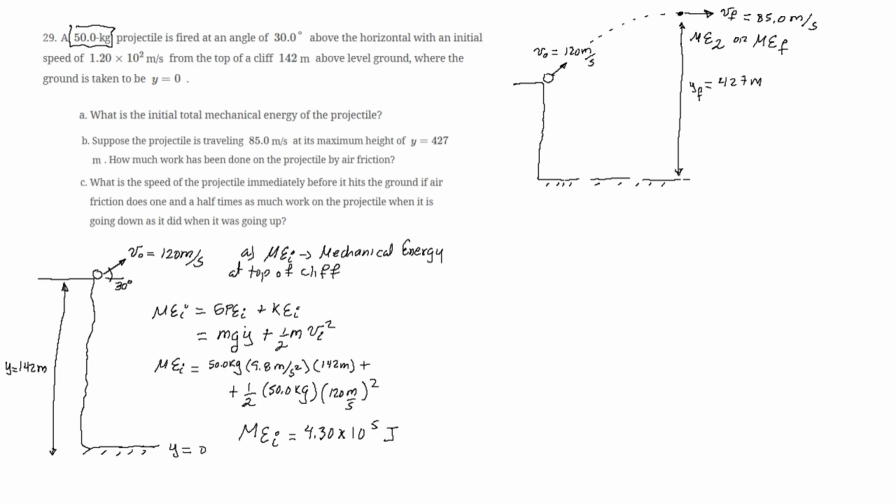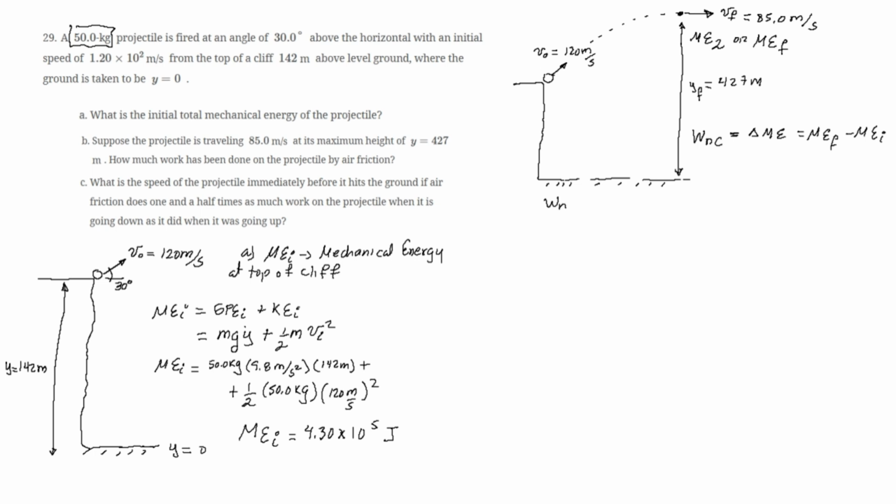The work of the non-conservative force is equal to the variation in the mechanical energy, so it's equal to the mechanical energy final minus the mechanical energy initial. We already know the mechanical energy initial, so the work of friction is the mechanical energy final.